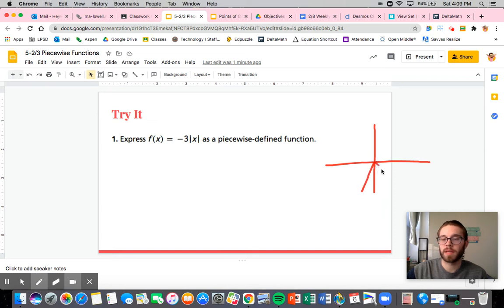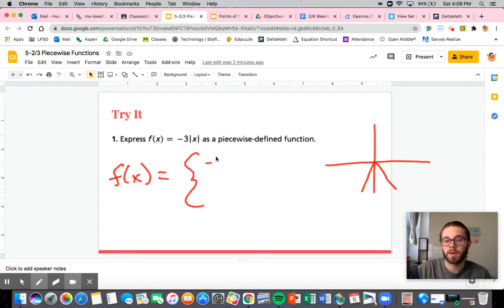It would look something like this. So now on this one, we're starting at the positive 3x, right? And we're going on this side to the negative 3x, right? So I could rewrite it in this way. I'm going to do 3x when x is greater than or equal to 0.